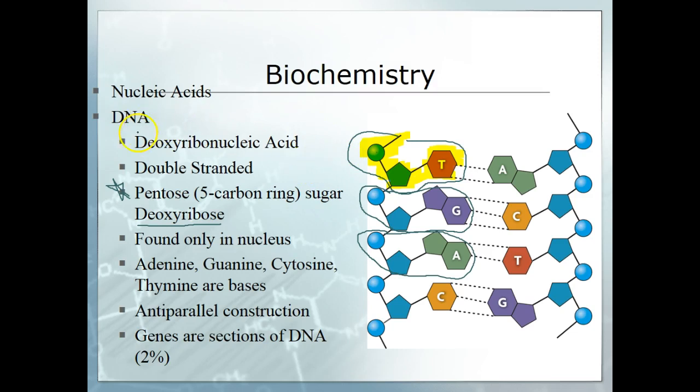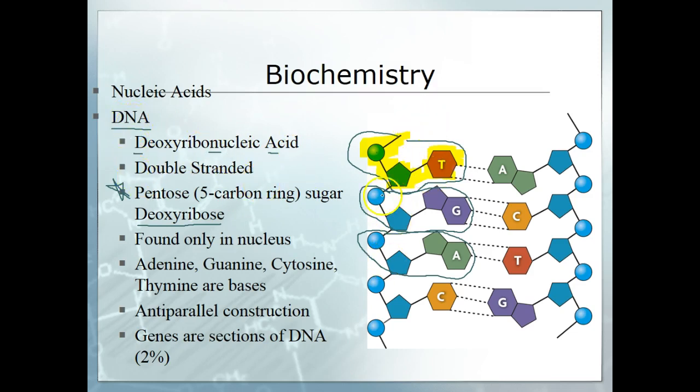Okay, so if we think about DNA by itself, DNA, like I said, stands for deoxyribonucleic acid. There is the D and the A of that molecule. DNA is double-stranded. You can see that here.